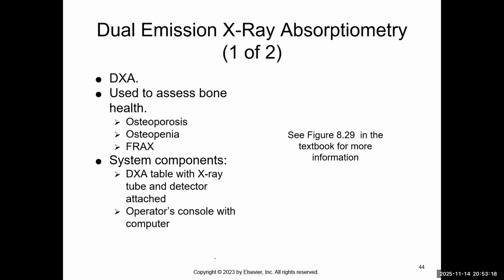You as the operator sit at the console right beside the table. So very, very low dose. When I learned how to do it over 20 some years ago, when it was new, there was no shielding. They say it's very low dose, so there was no shielding.